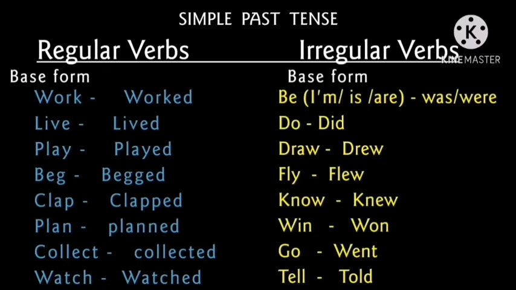Do, did. Draw, drew. Fly, flew. Know, knew. Win, won. Go, went. Tell, told. Here you can see in regular verbs we add ed with the base form of the verb. In irregular verbs we do not add ed.